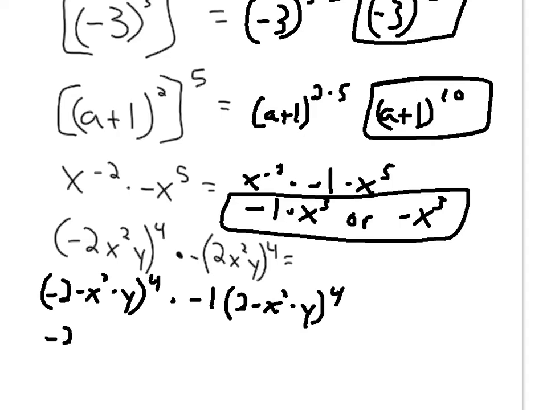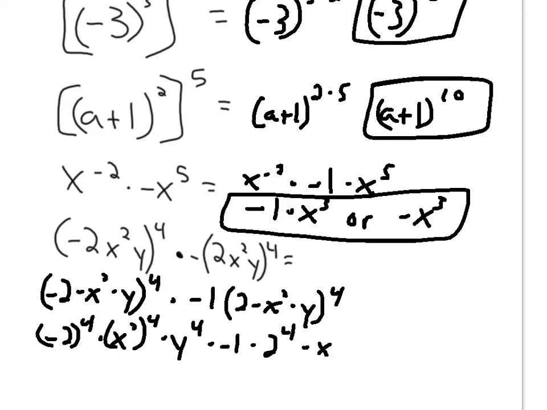It's negative 2 to the 4th power times x squared to the 4th power times y to the 4th power, times, we got our negative 1 there, and then everything in these parentheses the exponent applies to. So it's times 2 to the 4th power times x squared to the 4th power times y to the 4th power.